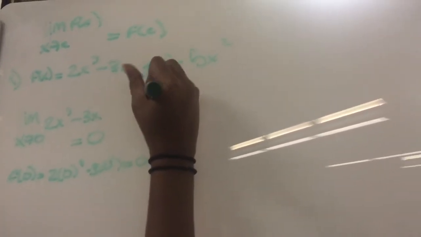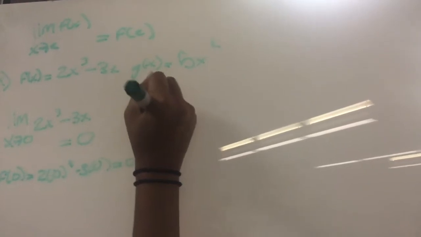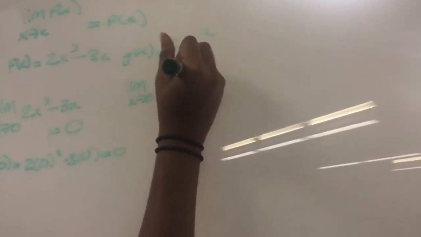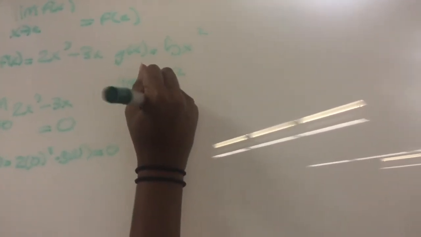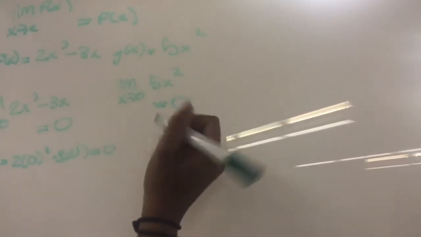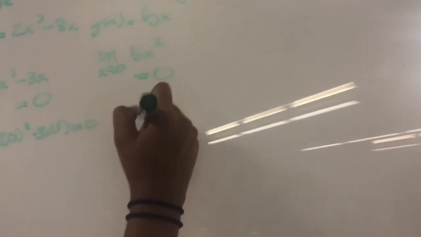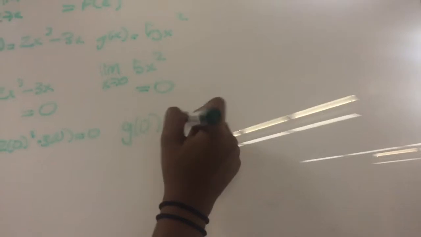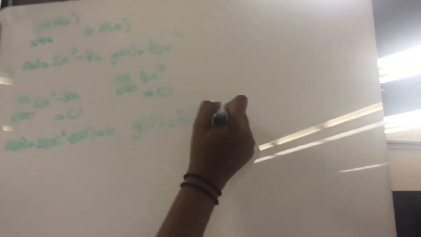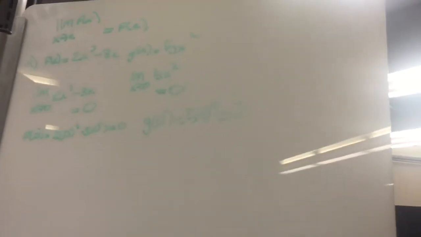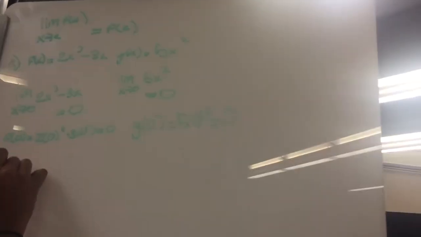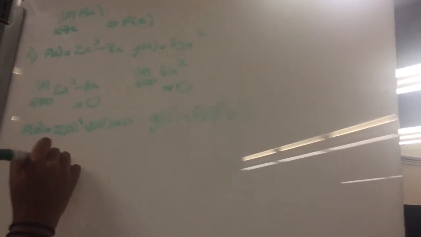For g of x, we're going to do the same thing. The limit as x approaches 0 of 5x squared, once you plug in 0, this will equal 0. And then g of 0 would also equal 0. Then we're going to have to check the composite function, which is f of g of x.